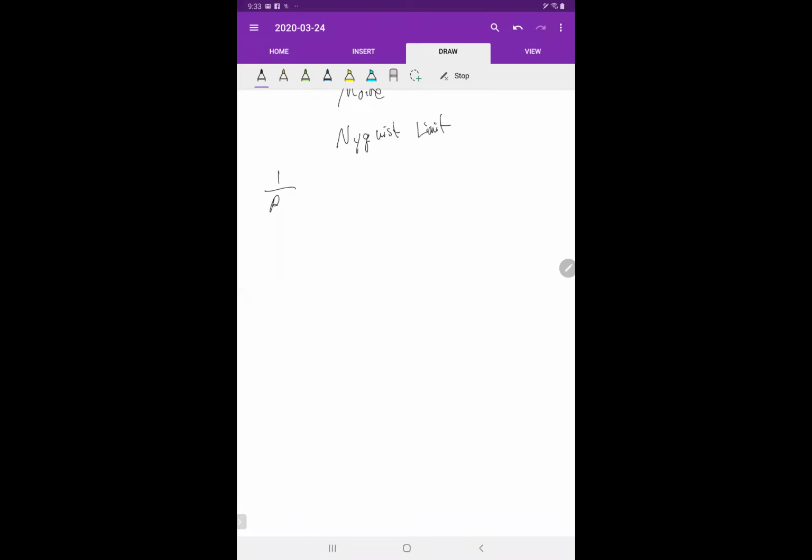1 over R, we could rewrite this as 1 over L plus R minus L, or 1 over L times 1 minus R minus L over L. And now here's the crucial point.